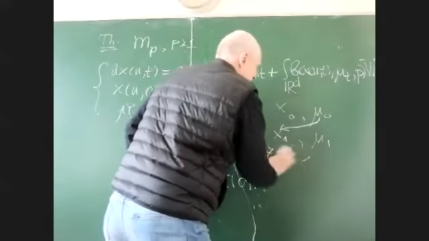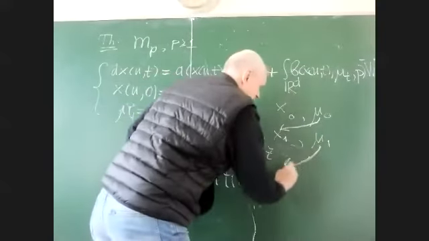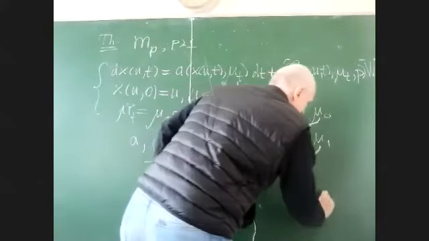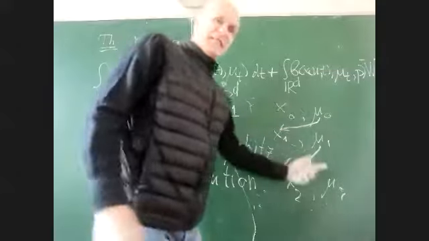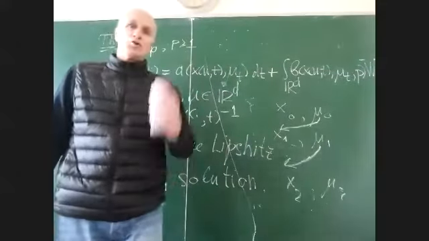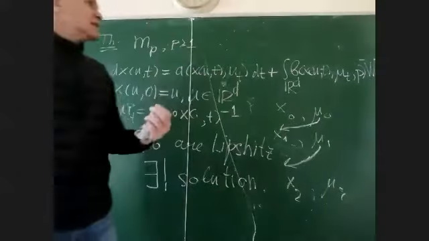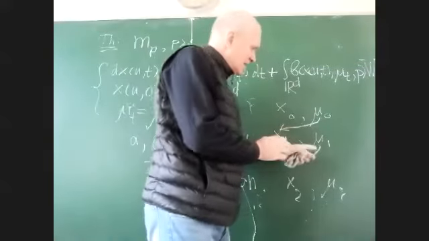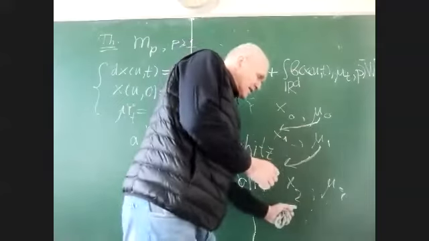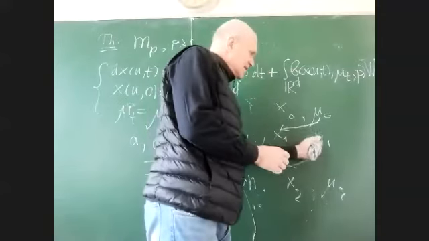Then using mu1 we define x2 and mu2, and so on. On every step we need to check the distances between the obtained flows and obtained measures.